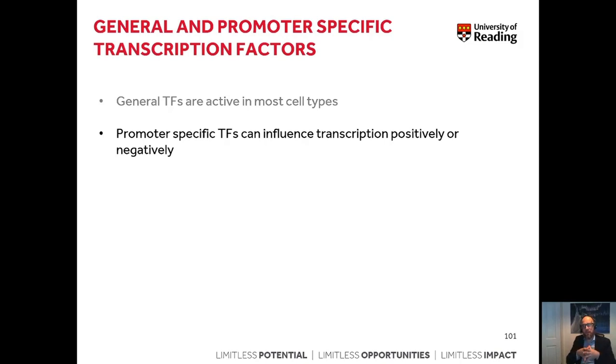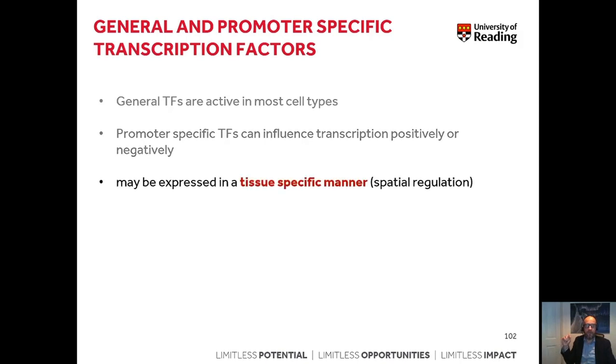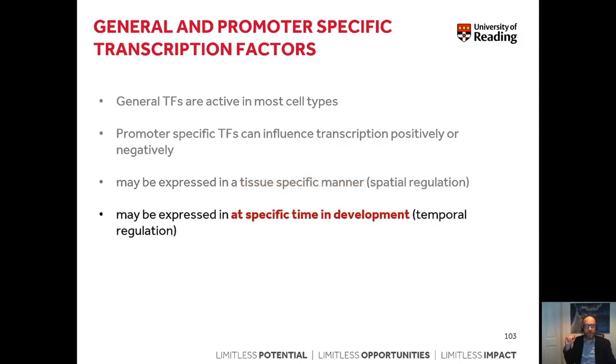Different sets of promoter-specific transcription factors are active in neural cells. We have different sets active in blood cells, in muscle cells, and so on. This is actually quite important for specific gene expression in every cell type. So we have tissue-specific expression of those promoter-specific transcription factors.